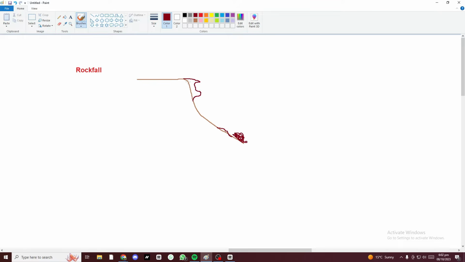This happens because they become unstable and I think it's cohesive, and the cohesive forces and frictional forces that keep them up, that keep them here, are not strong enough to act against the force of gravity, which results in a rockfall.